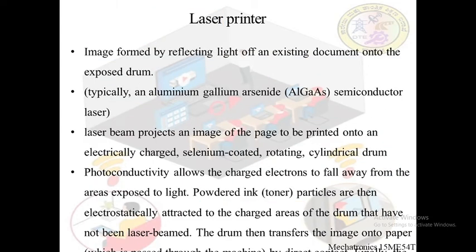The image is formed by the reflecting light of an existing document onto the exposed drum. Here, a laser light image is formed by the reflecting light of an existing document onto the exposed drum. The laser used may typically be an aluminum gallium arsenide semiconductor laser type.